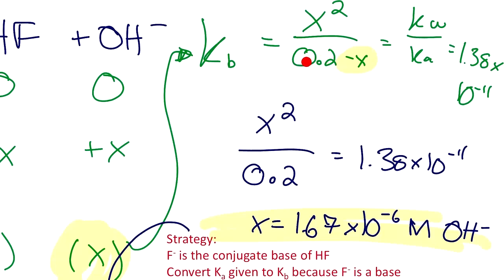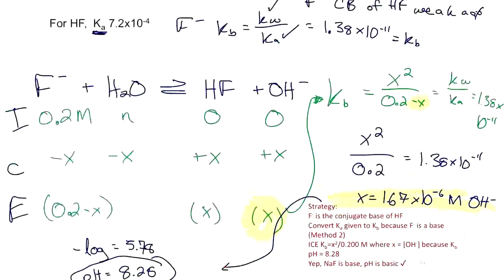You're subtracting such a tiny number that the value of that denominator does not change. So when we shouldn't approximate is when you do the minus or plus X and the value does change. That means we can't do an approximation. Again, we can approximate because X is small and the value we're subtracting it from is also small.